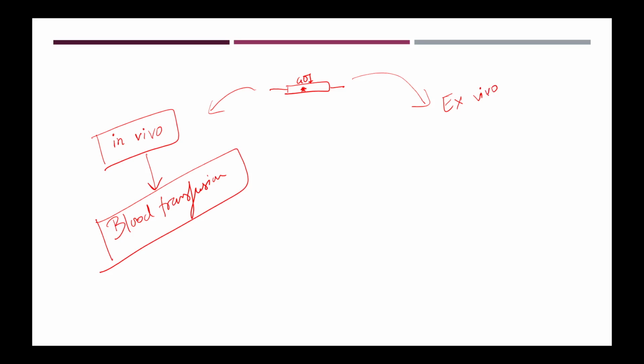In ex vivo, what we can do, you can apply genetic engineering here. For example, you can take the hematopoietic stem cells, and then you transfer the corrected copy of the gene into the stem cells here. Allow the stem cells to grow.